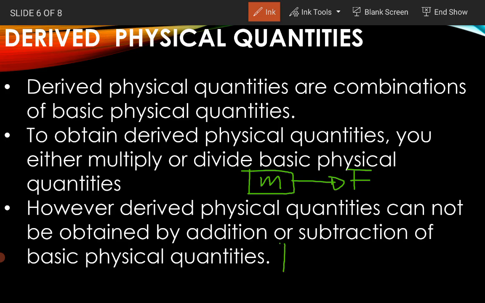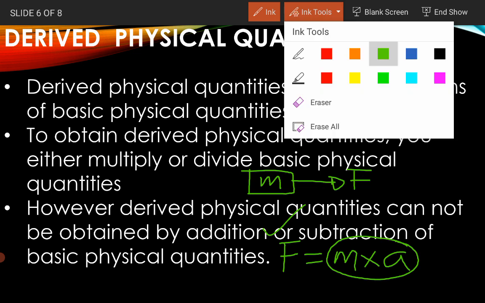The magnitude of the force F will be equal to the mass of the body M multiplied by its acceleration. Remember, acceleration is the rate of change of velocity of a body. Here we are multiplying mass and acceleration to obtain force. Therefore, force is a derived quantity. There are many examples that you can think about.